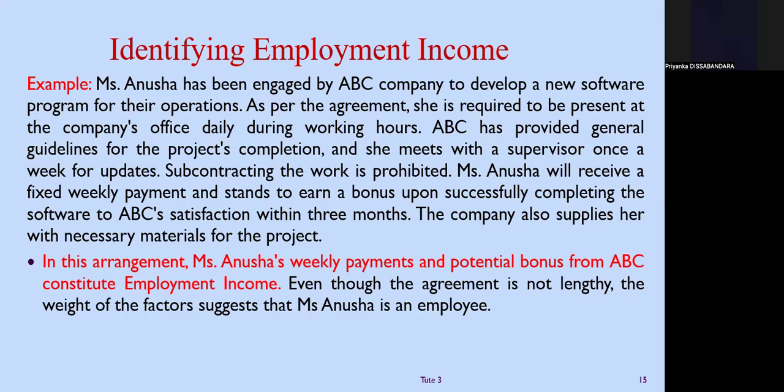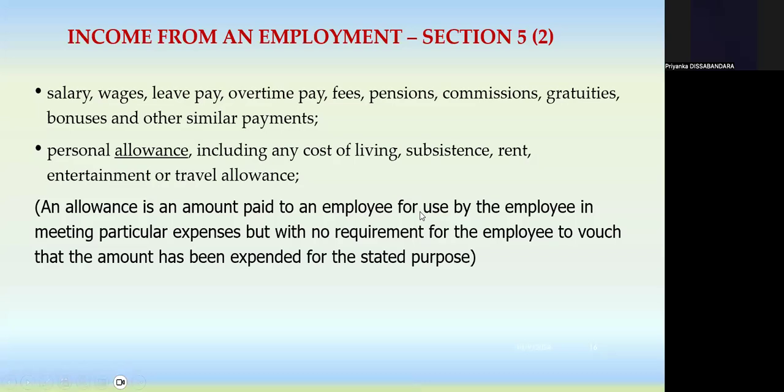After that, I'm going to move to this slide. In this slide, I'm going to tell you about the types of income that we have to include when we are calculating the employment income. Section 5 is provided for the employment income. If you have an act, you can read it.